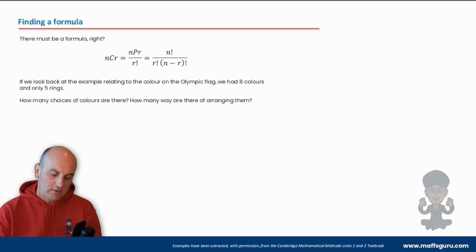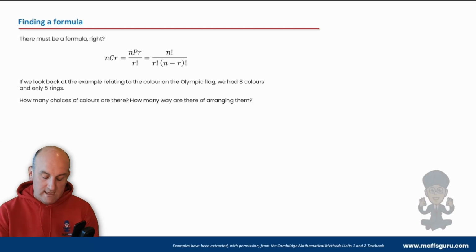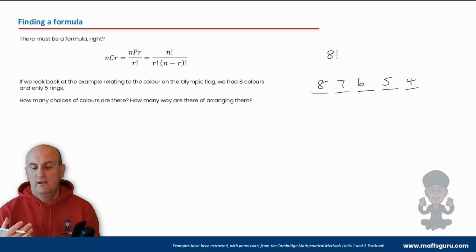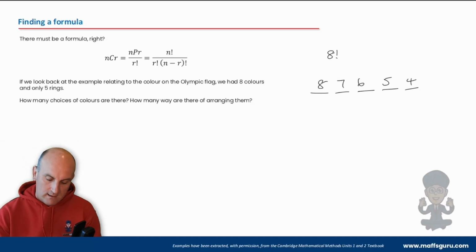So if I look at the idea of the Olympic rings, we know that initially the example said that there were 8 colors that the painter had to work from, and there are 5 rings. Beforehand, if you remember the example from a previous video, we would have done 8 times 7 times 6 times 5 times 4. That would have given me the number of different choices, which was 8 factorial divided by 3 factorial.